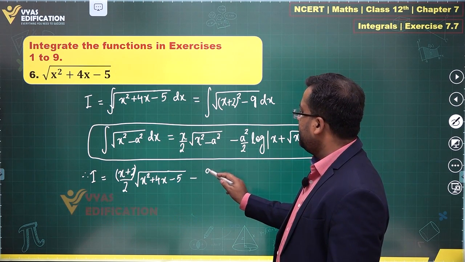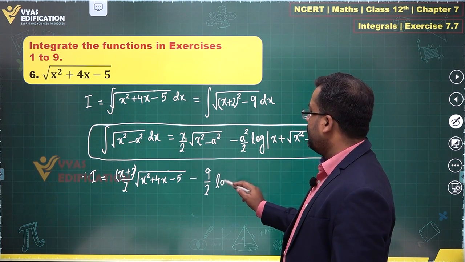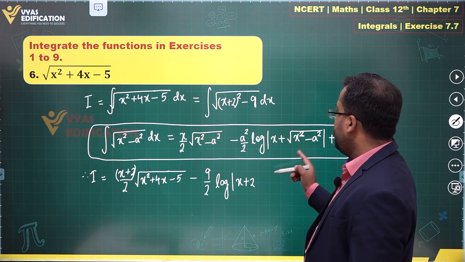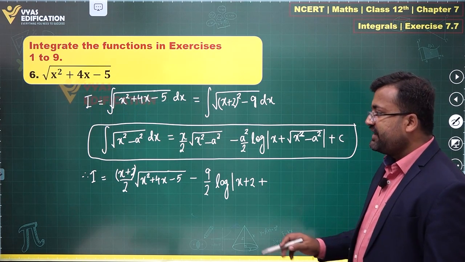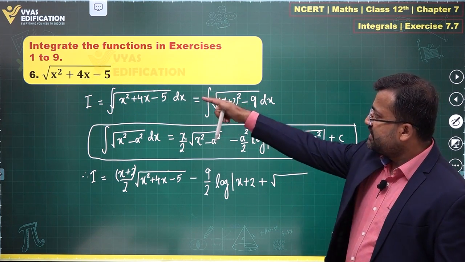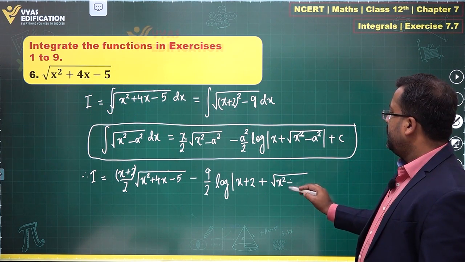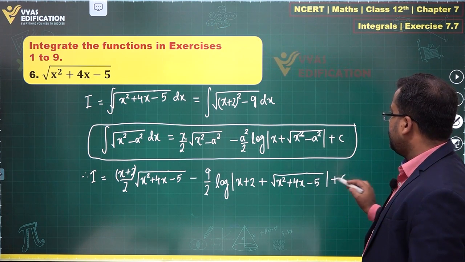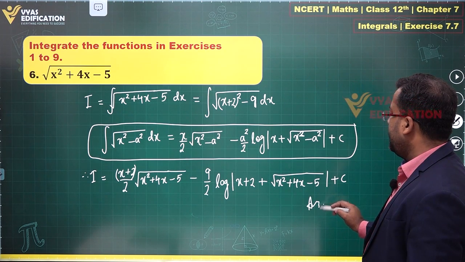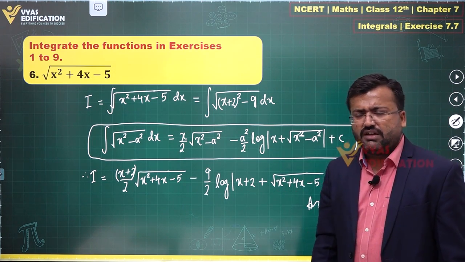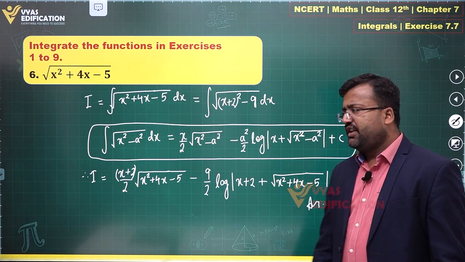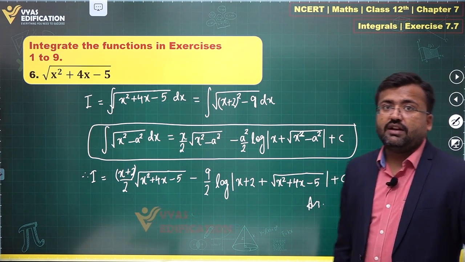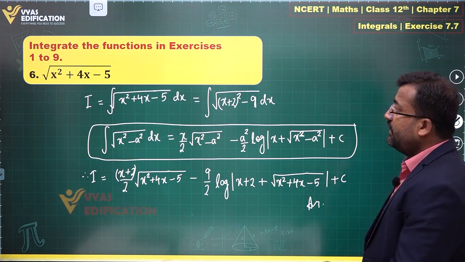A square is 9, so 9 by 2 log modulus x, which is x plus 2, plus under root of x square minus a square, which is equal to this, plus constant, and that is my required answer. Just that we had to divide with 1, which is the coefficient of x. That's not difficult, right? That's my final answer for this particular question. This is the sixth question for us.